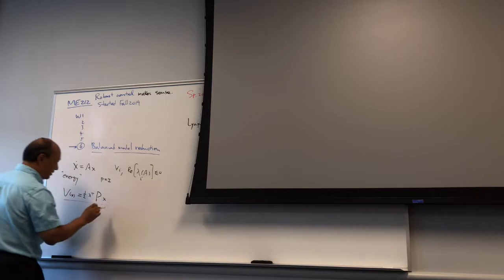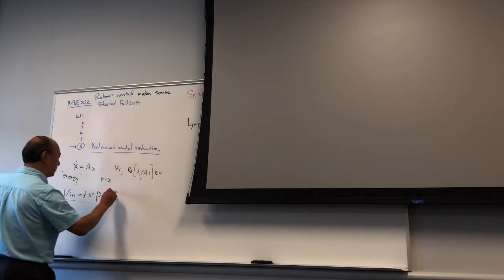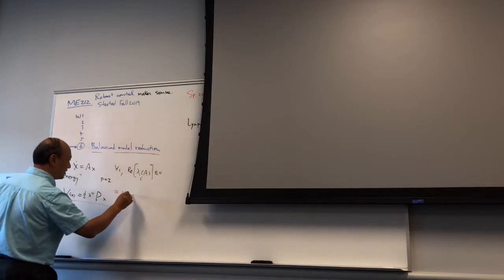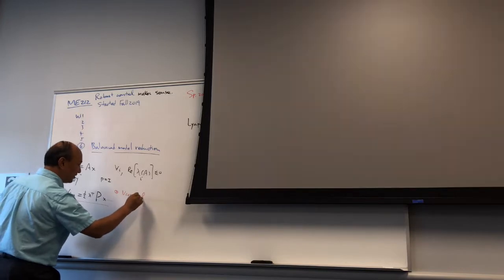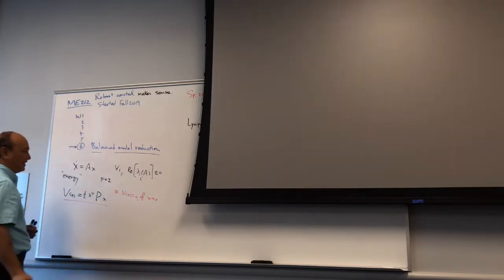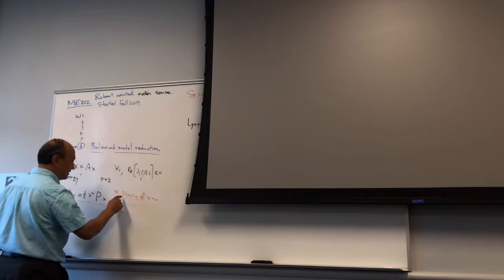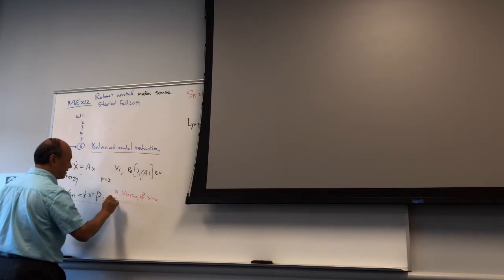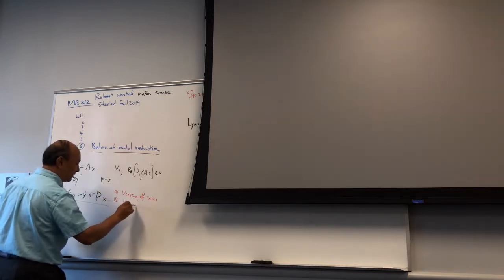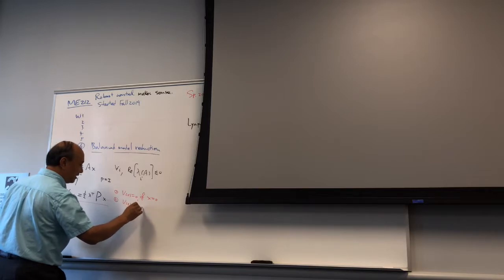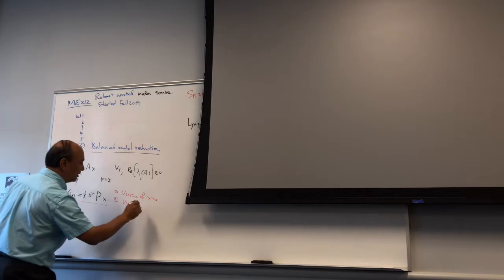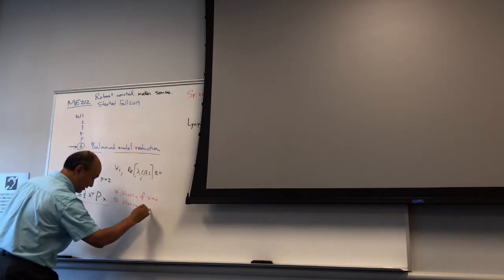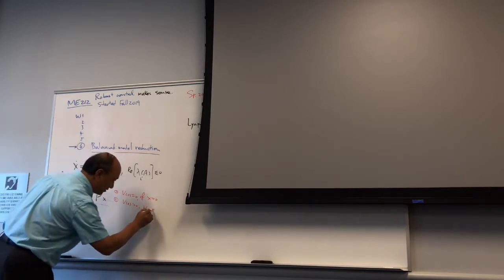So there are several conditions. One is V(0) is 0 if and only if x is 0, okay? Then the second is V(x) is always greater than 0 for all x not 0.